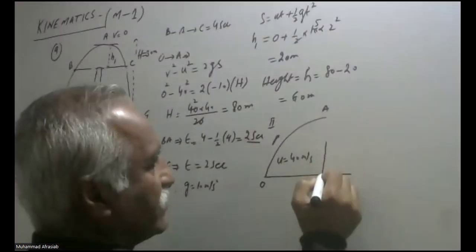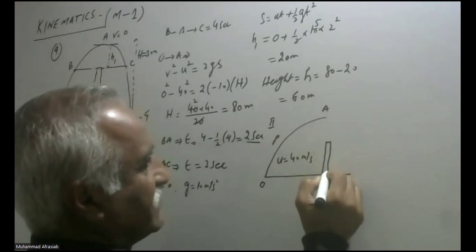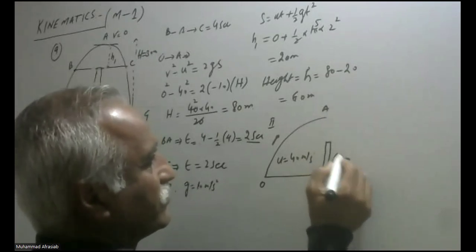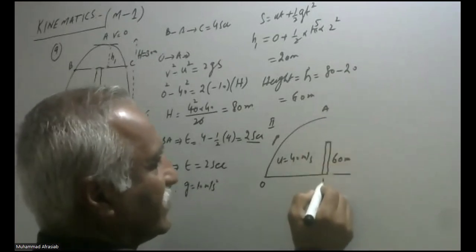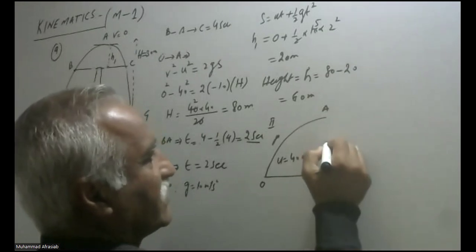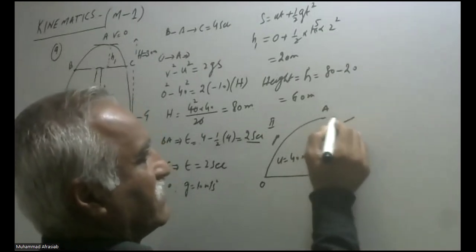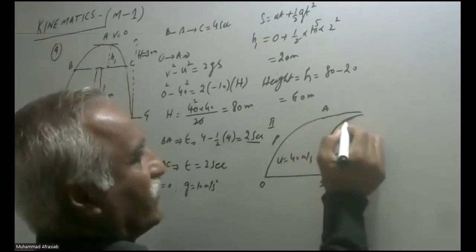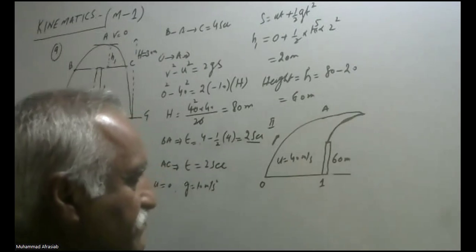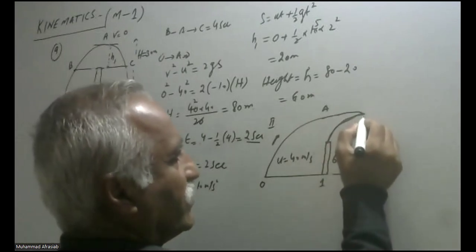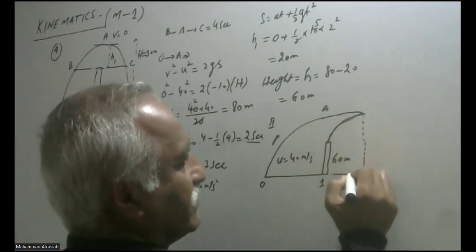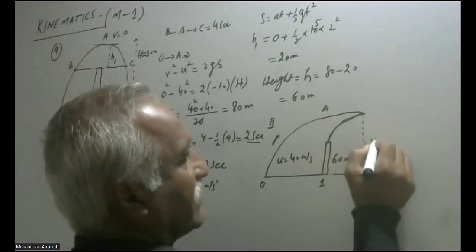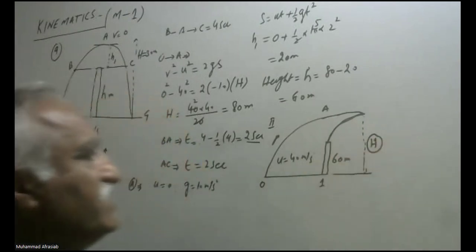And from the top of that building, which we have calculated equal to 60 meters, after 1 second, that particle is being projected upward. And we are going to calculate the height of these two when they are at the same level. So we have to calculate the time for that when they are at the same height h there.